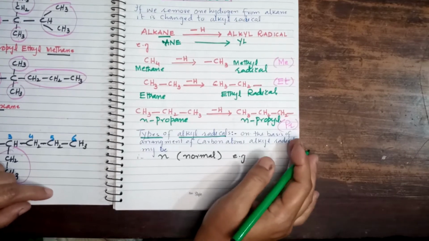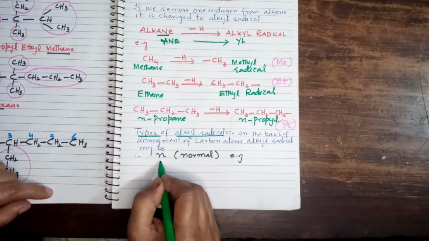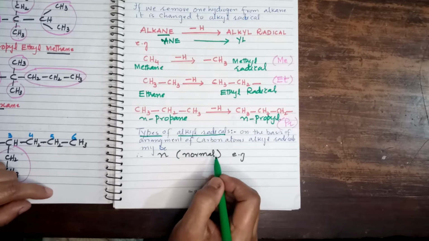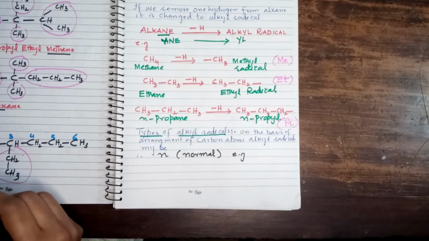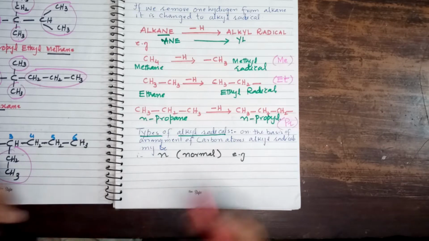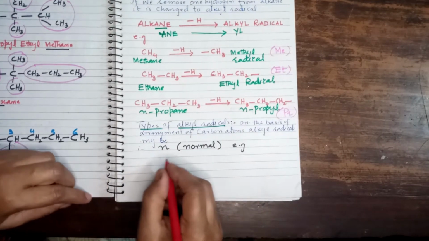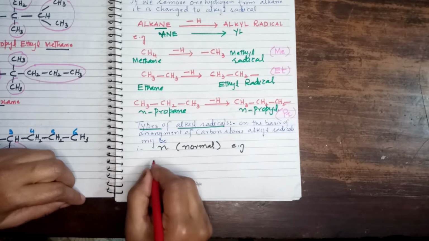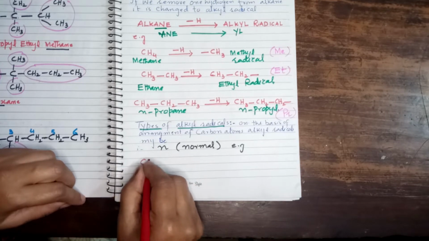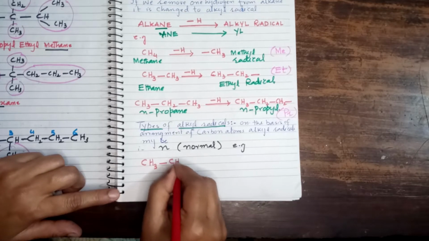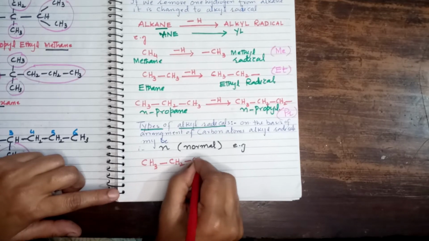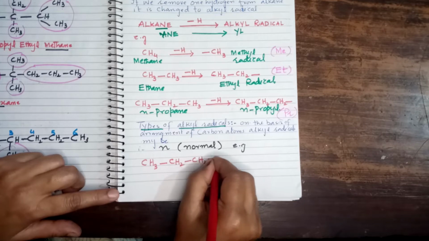The first one is n, meaning normal. For example, if we have an alkane molecule made up of 4 carbon atoms, CH3, CH2, CH2 and CH3.